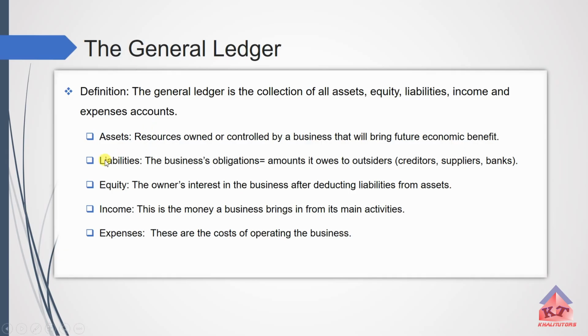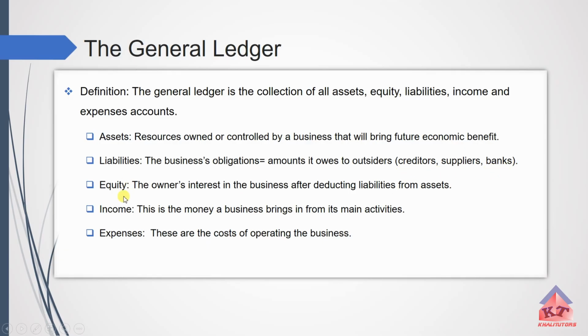Okay, and when we are referring to liabilities, these are the business's obligations. This is equal to the amounts it owes to outsiders. For example, creditors, suppliers, and banks.